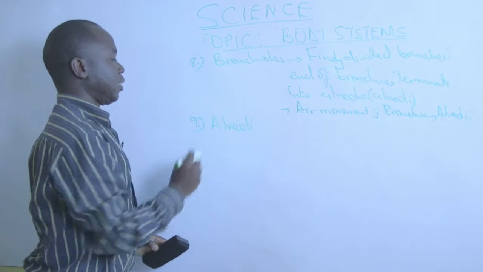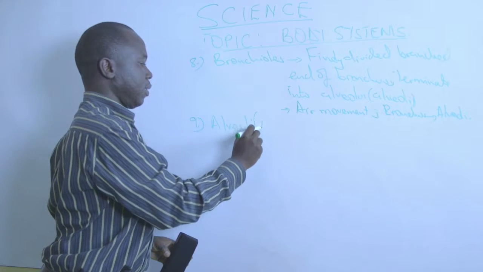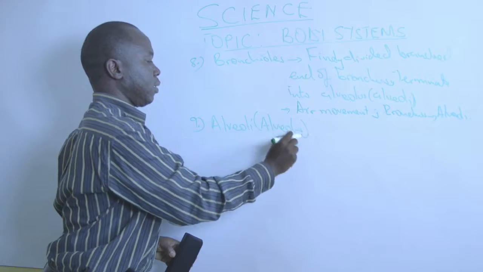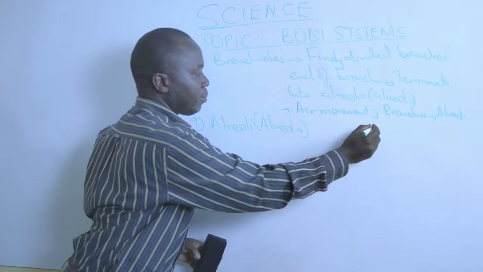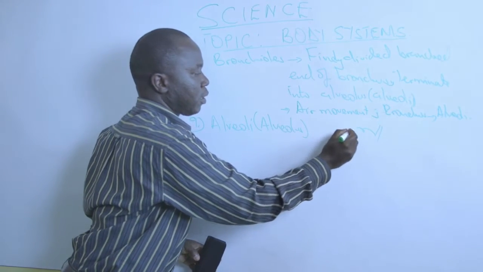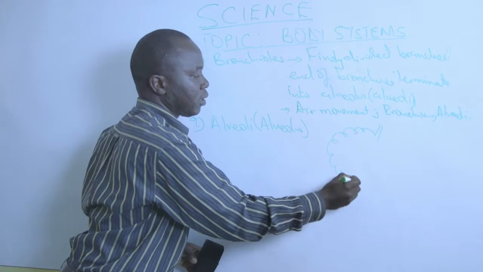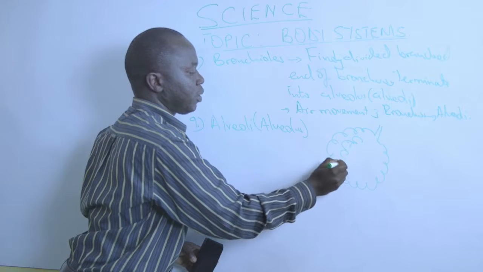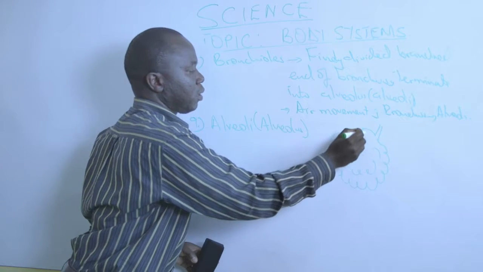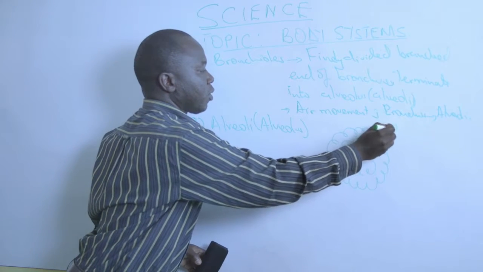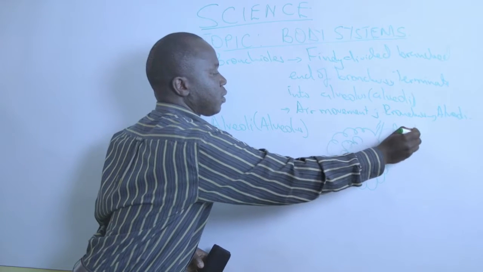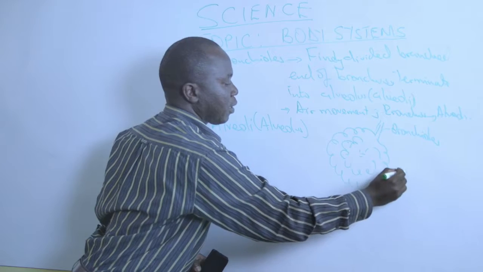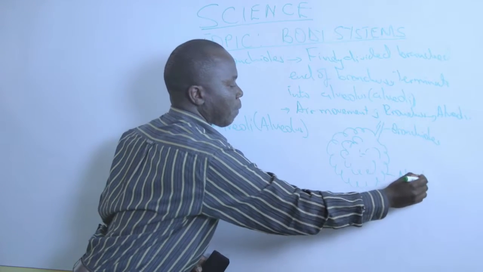The other part is the alveoli, or alveolus. If I may use a diagram, an alveolus will appear like this in a magnified image. So this is the bronchiole, and then this is the air sac, the alveoli.